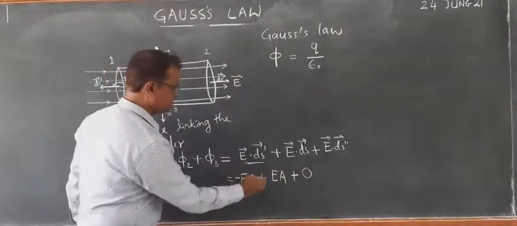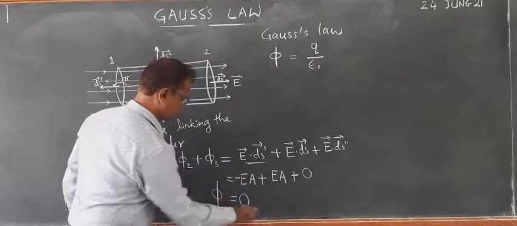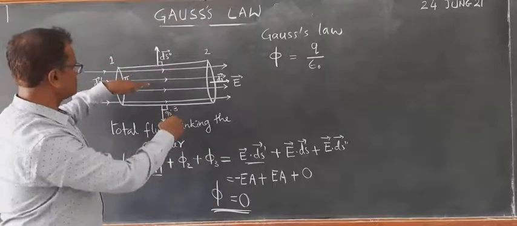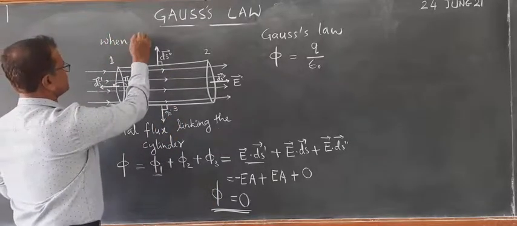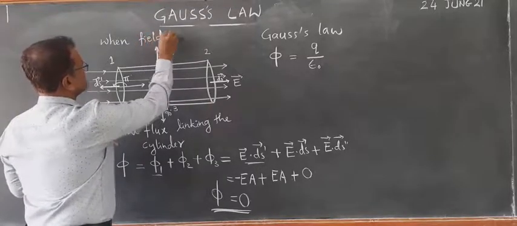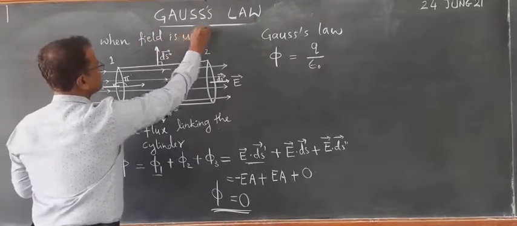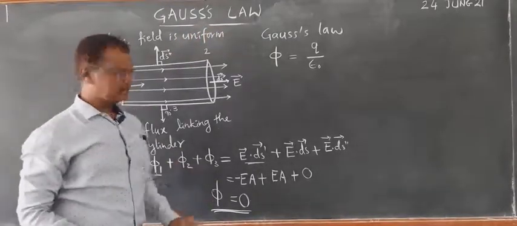So, minus EA plus EA, thus it becomes 0. So, total flux linking with the cylindrical surface when the electric field is uniform, we have proved that it is equal to 0.